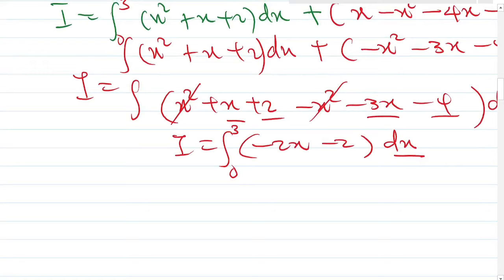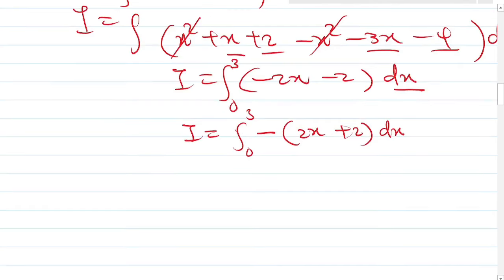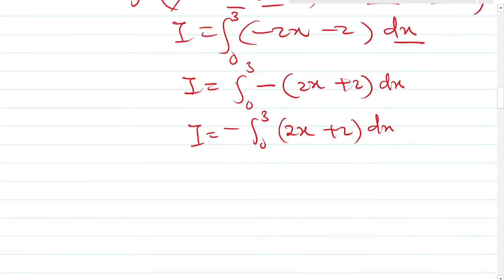To integrate, you can do it in two ways. For here you can say integral from 0 to 3, you can factorize minus, and then you just have this, dx. So minus integral of 2x plus 2 dx, and that will be what? So that will be minus, so the integral of 2x will be giving you x squared, because x is already raised to power 1, right?